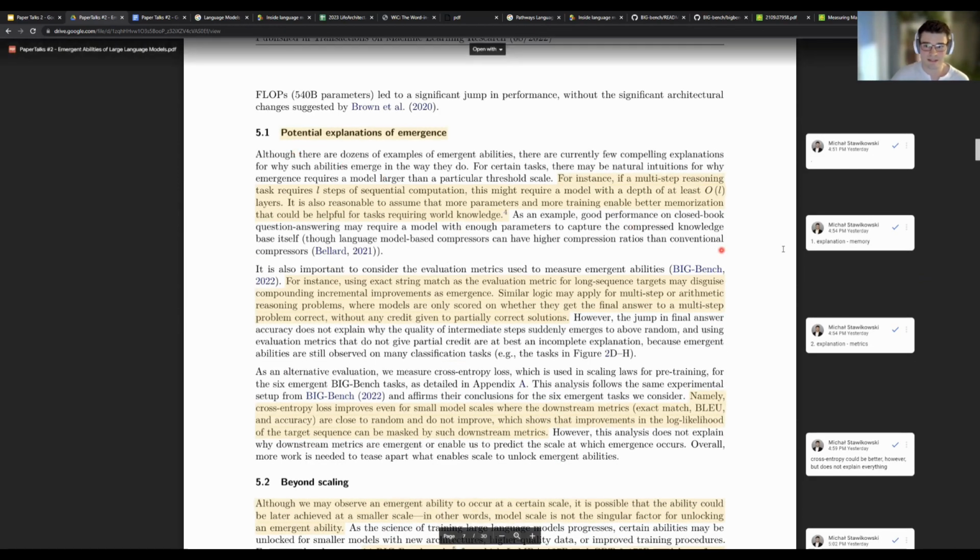And first is memory. So it's quite reasonable because if we think about some tasks, actually they require a lot of knowledge, and they require some memory because they are complex and have multiple steps.